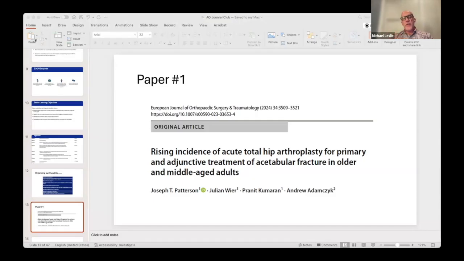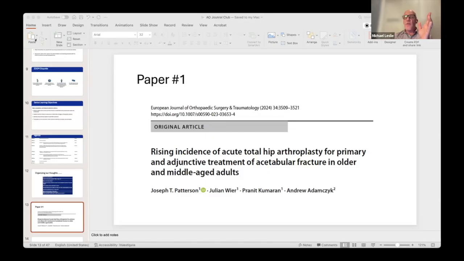And what they used to do this was they looked at the National Inpatient Sample Database between 2010 and 2020. And they were looking at the rise during that period of time, if there was one. So what they found was that they had 4,569 patients who had surgical treatment of acetabulum fractures from the National Inpatient Sample Database.